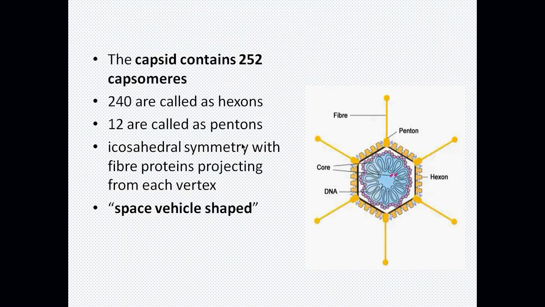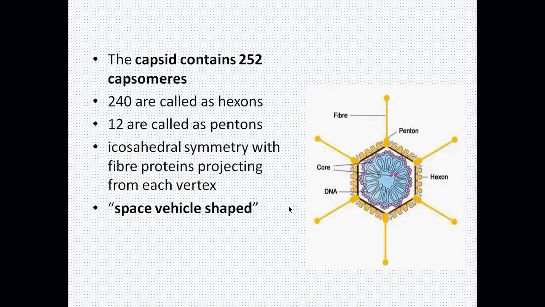This capsid contains 252 capsomers. Out of that, 240 are hexons, while 12 are pentons. They have a typical icosahedral symmetrical shape, with fibers projecting from each vertex. So it typically looks like a space vehicle shaped virus.